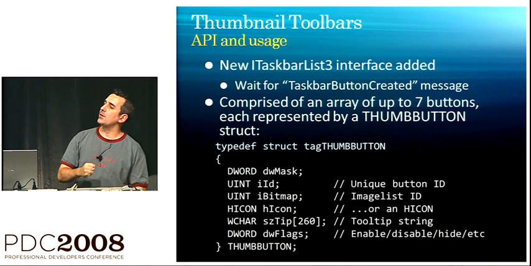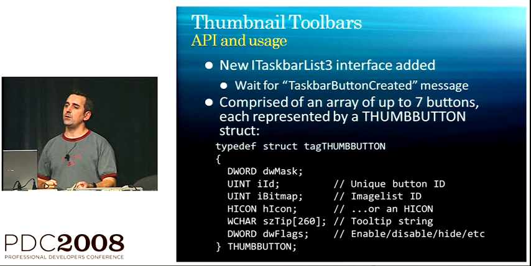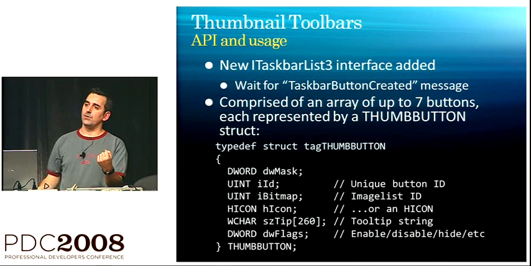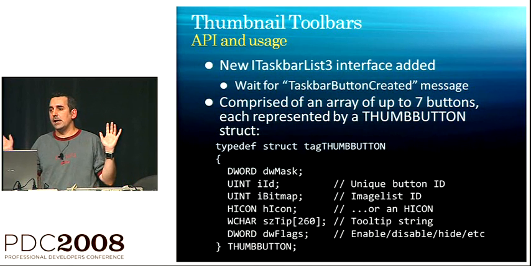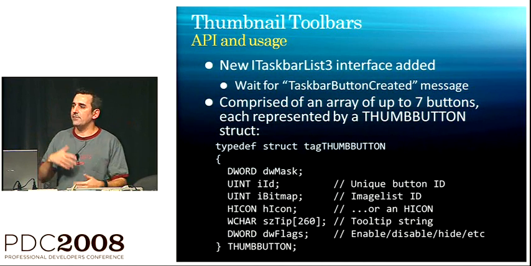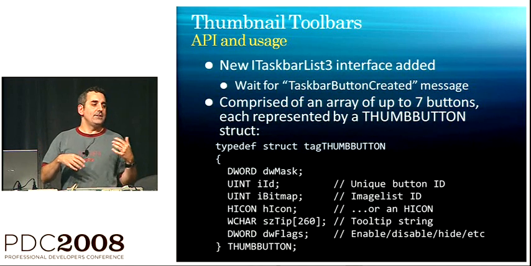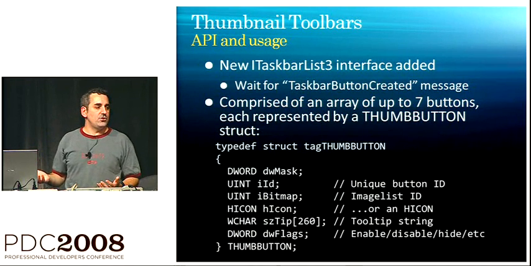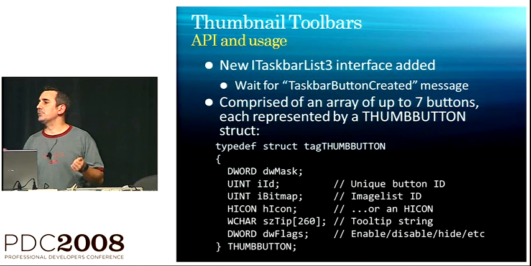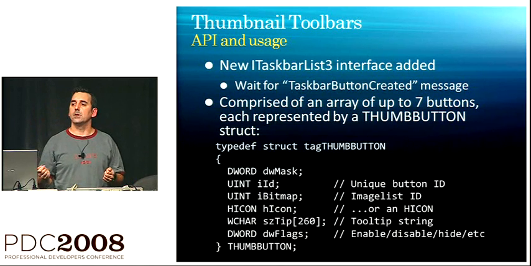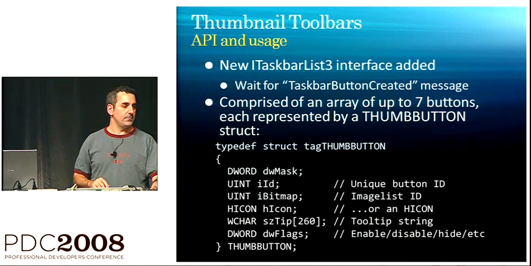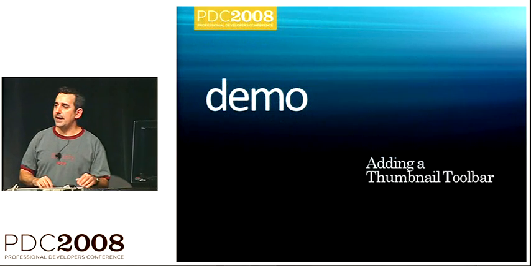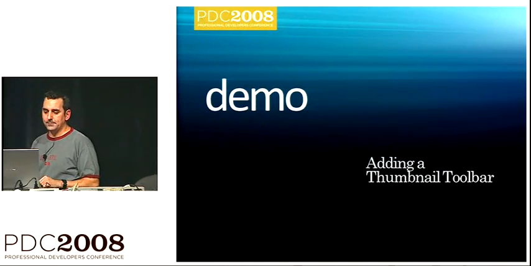Well, the taskbar may not know that your application window exists yet because the kernel of Windows hasn't yet notified it. So the taskbar could actually just say, well, I don't really know what HWND you're talking about because I haven't been told that this guy exists. The way around that issue is just to wait until you receive the taskbar button created message before you call any taskbar list APIs. And I'll show you how to do that now in another demo app.